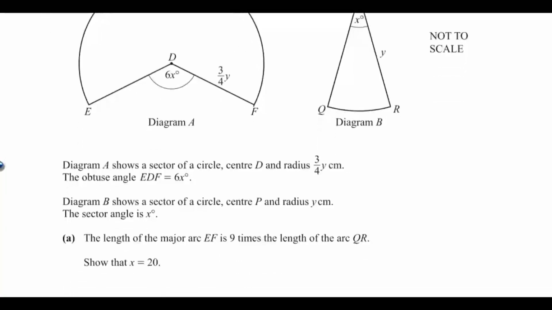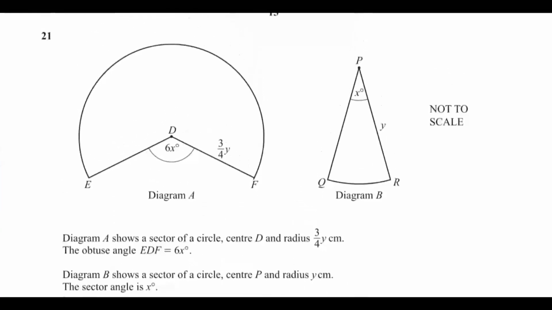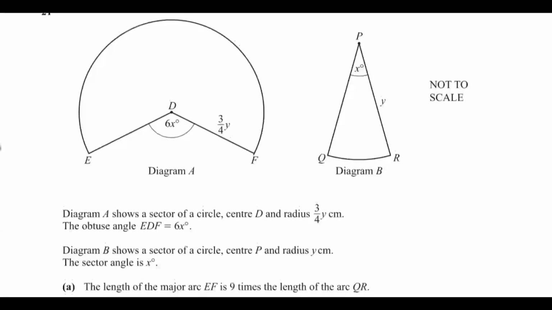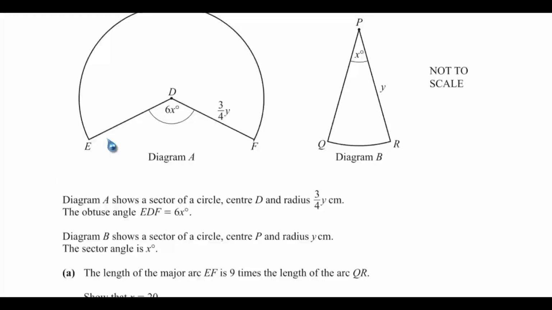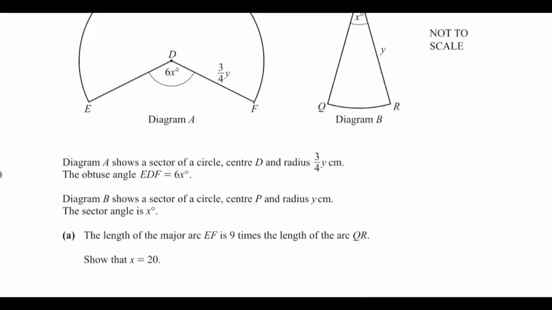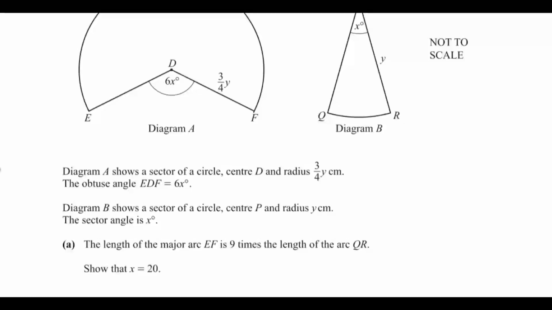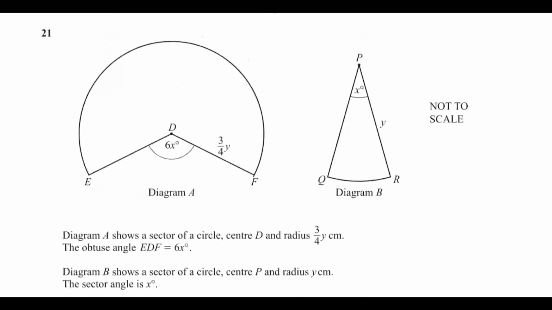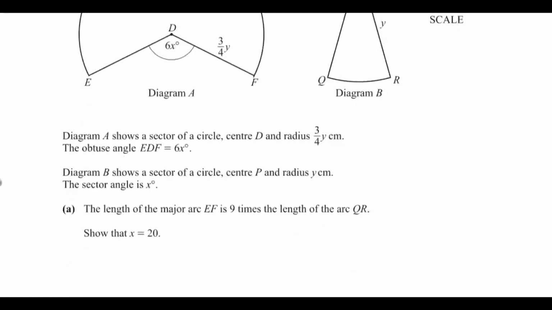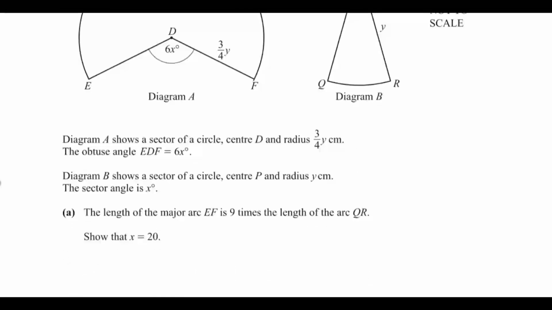The length of the major arc EF is 9 centimeters. Okay, so this is EF, that's the length of the major arc. Sorry, the length of the major arc EF is 9 times the length of the arc QR. Then show that x equals 20.